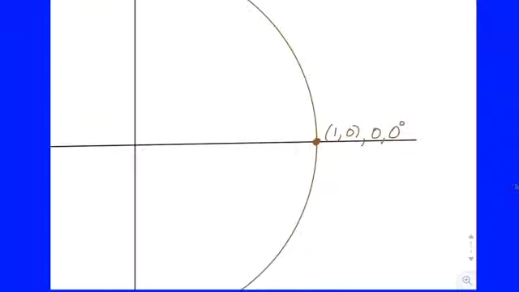If we go all the way around, that is coterminal with 2 pi and 360 degrees. Okay? So that one we're going to label as 2 different angles. We're going to label it in degrees. We're going to label it in radians. The ordered pair is 1, 0, and it's 0 radians, 0 degrees, and then go all the way around. It's 2 pi radians, 360 degrees.